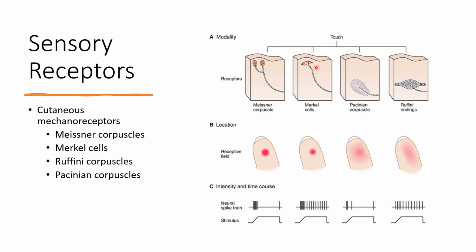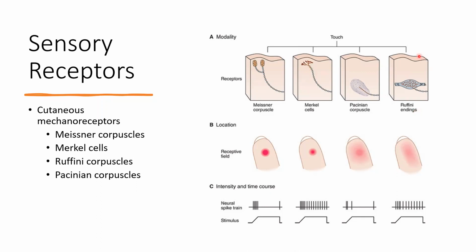Merkel cells are expanded dendritic endings in the epidermis of glabrous skin that respond to sustained pressure and touch. So for Meissner, it is slow vibration; for Merkel cells, it is sustained pressure and touch. They are sensitive to touch sensation.